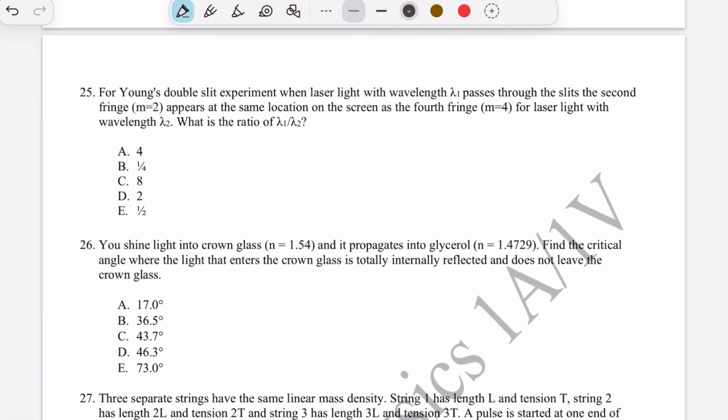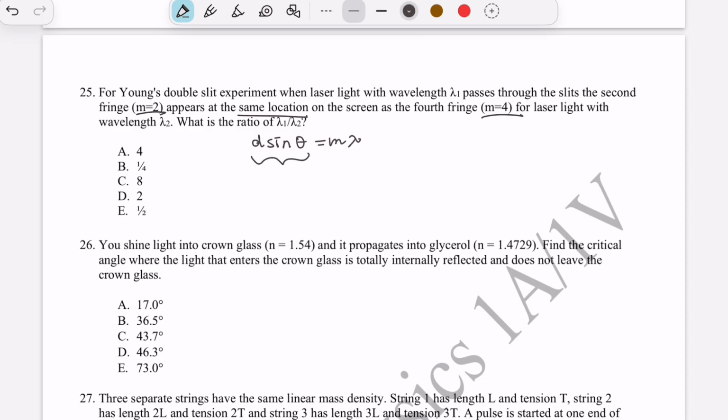For Young's double slit experiment, when laser light with a wavelength of lambda 1 passes through the slits, the second fringe appears at the same location as the fourth fringe of lambda 2. What is the ratio of lambda 1 to lambda 2? For the double slit experiment, this is the formula that we need to use. It appears at the same location, so I'm going to keep this constant.